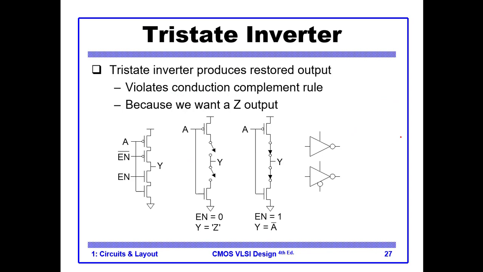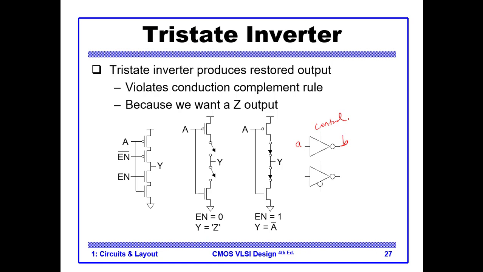Okay, so here is the tri-state buffer. This is basically a tri-state inverter. So you have this symbol, you have this A, you have this B, and you have this control signal.